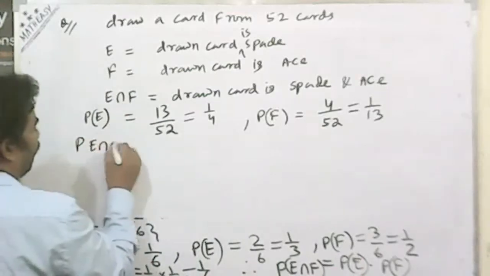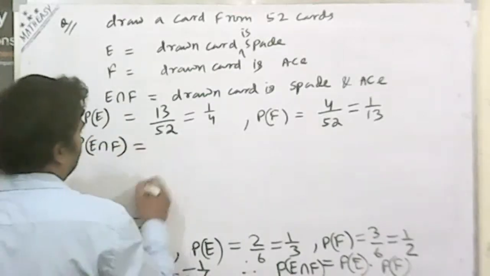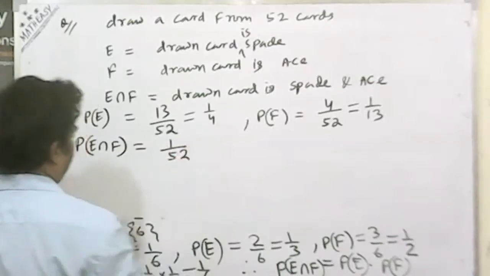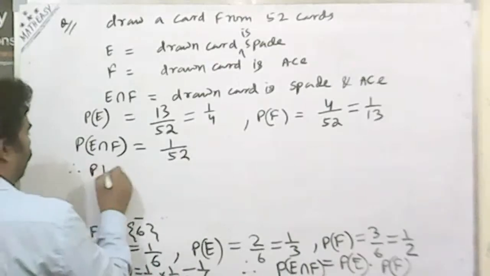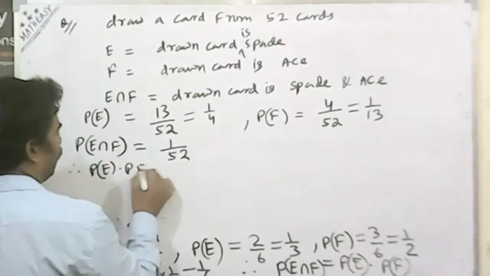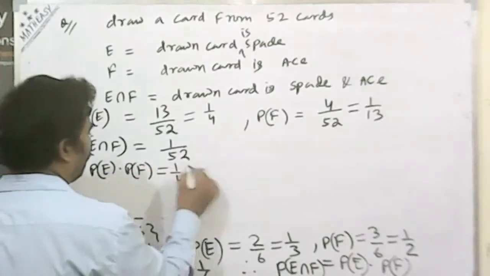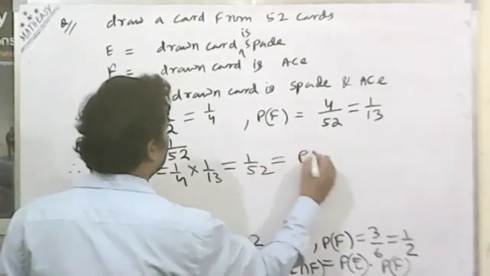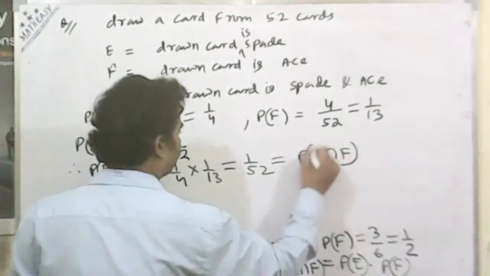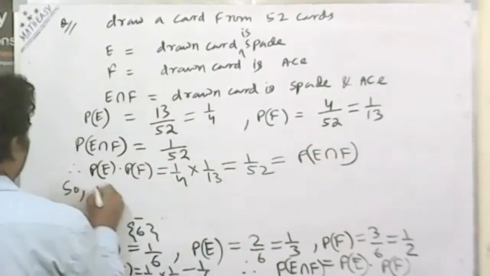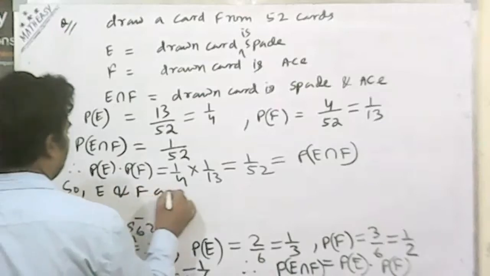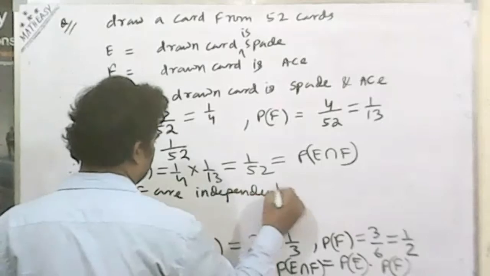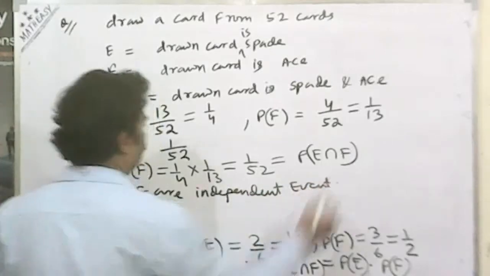Probability E intersection F is equal to 1 by 52. Here probability of E into probability of F is equal to 1 by 4 into 1 by 13, is 1 by 52, which is equal to probability E intersection F. So E and F are independent events.